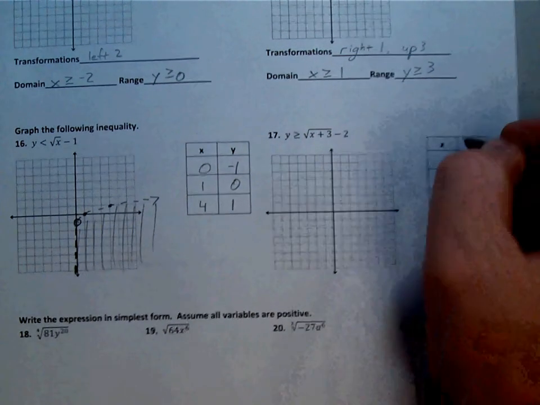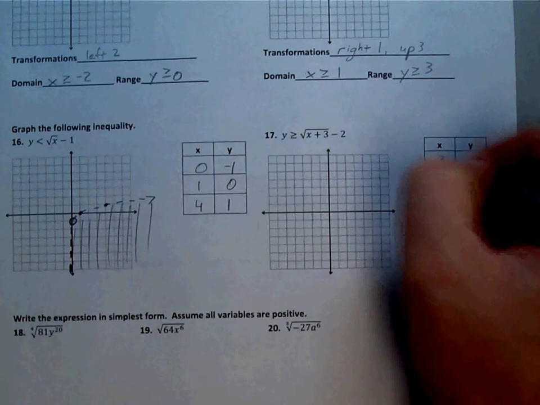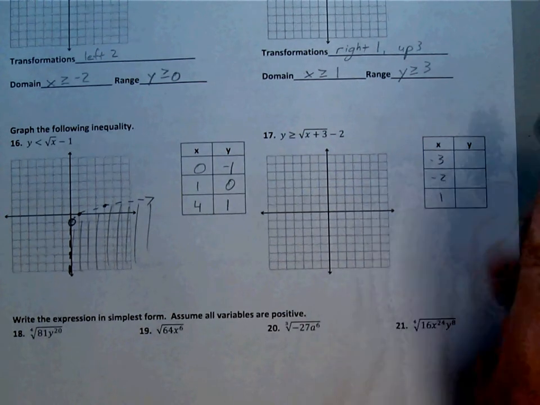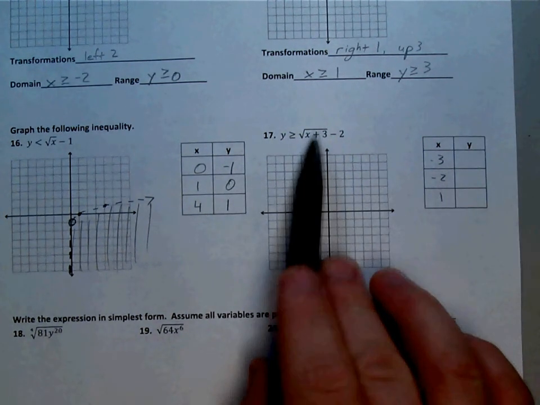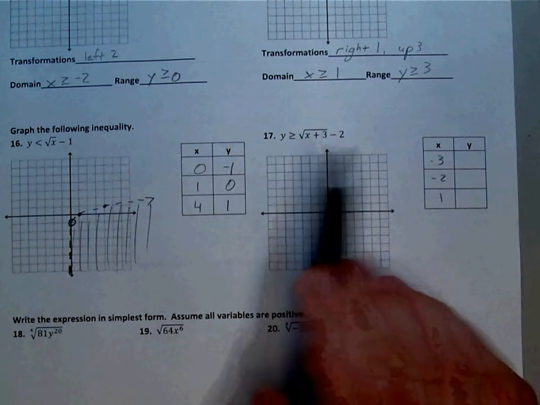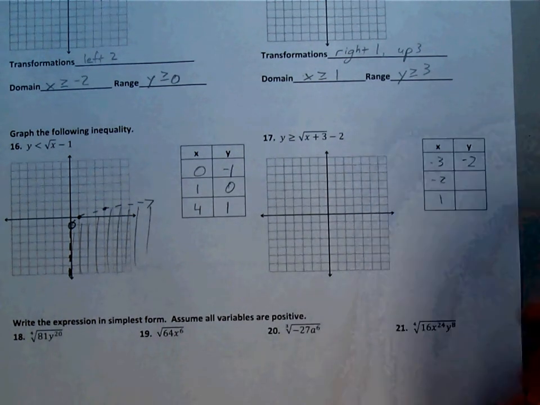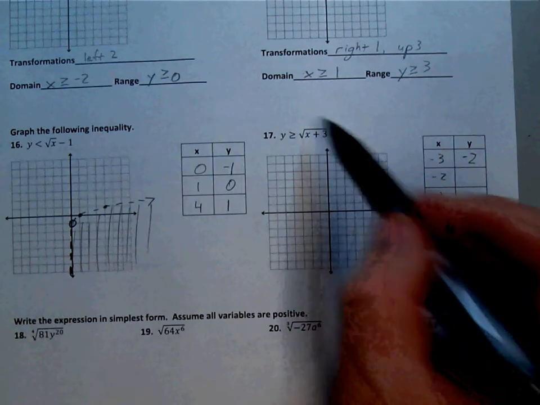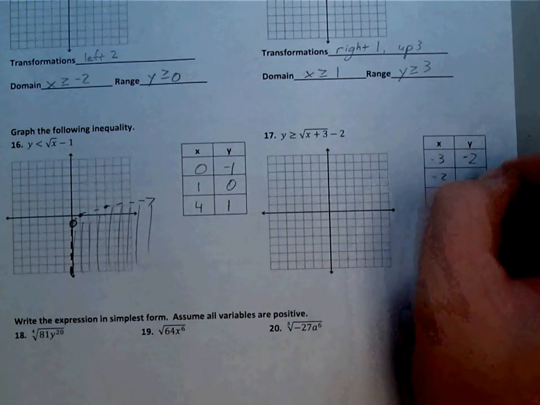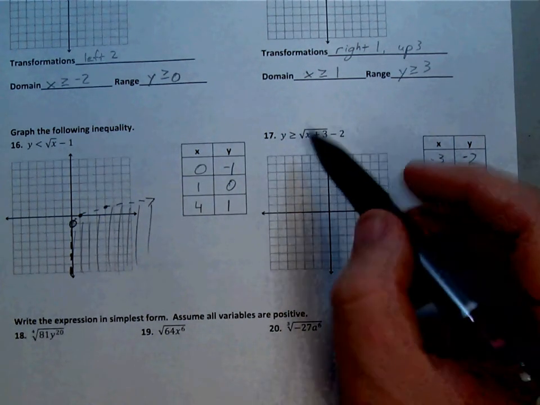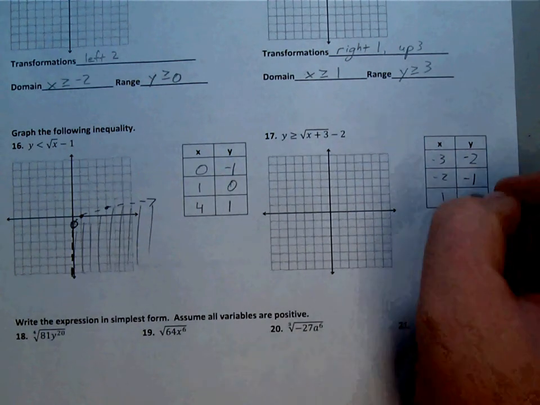Number 17, I can plug in negative 3. And then I can plug in negative 2, and then I can plug in 1. When I plug in negative 3, I get 0, square root of 0 is 0. So I get negative 2. Plug in negative 2, I get 1, square root of that is 1. Subtract 2, I get negative 1. Plug in 1, I get 4, square root of that is 2. 2 minus 2 is 0.